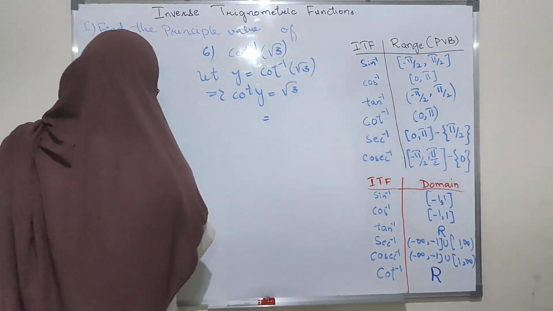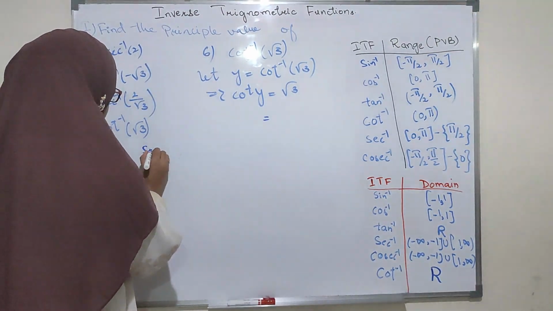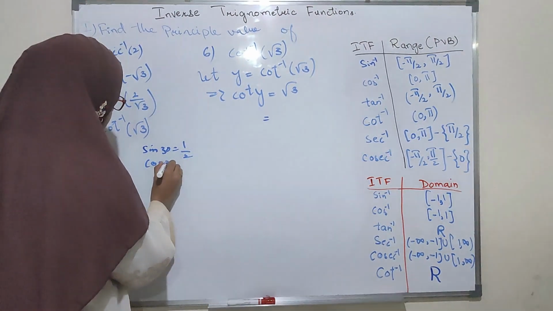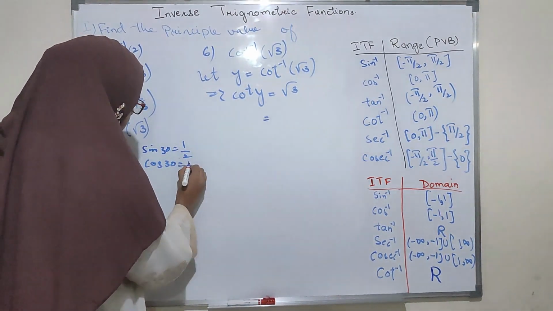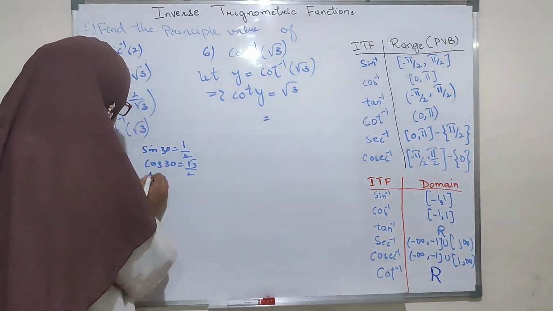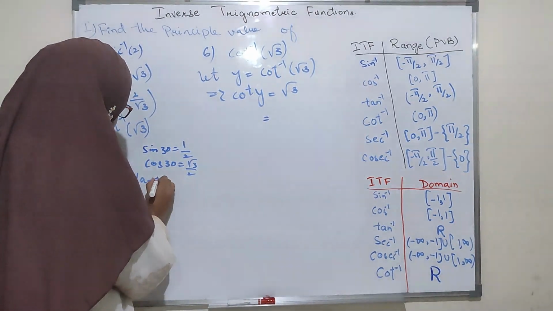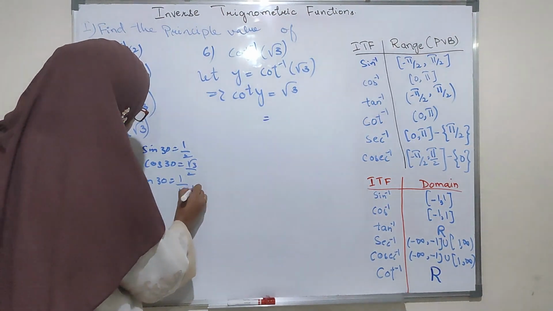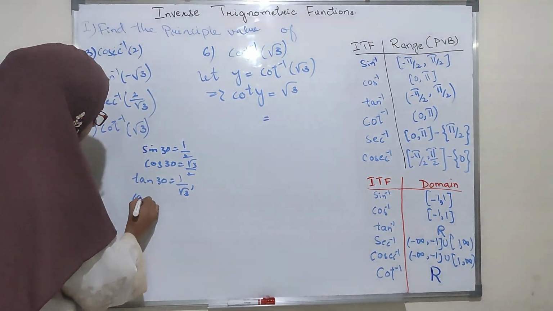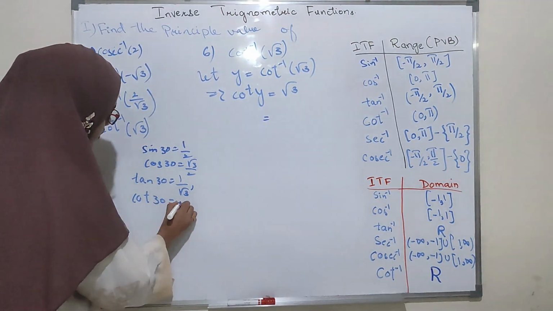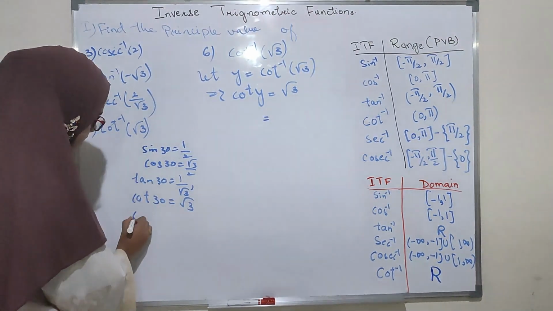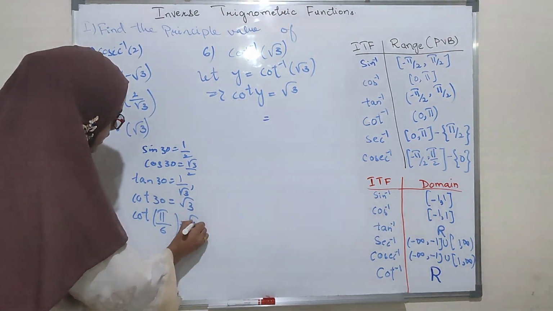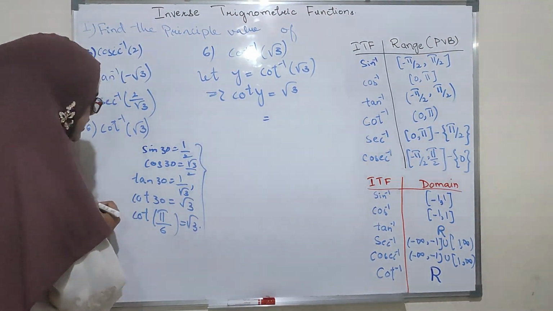We can also check. We know that sine 30 is half, cos 30 is root 3 by 2. So tan 30 is sine by cos, which is 1 by root 3. Now cot 30 is root 3. In terms of radian, it is pi by 6. Okay, it is very simple.